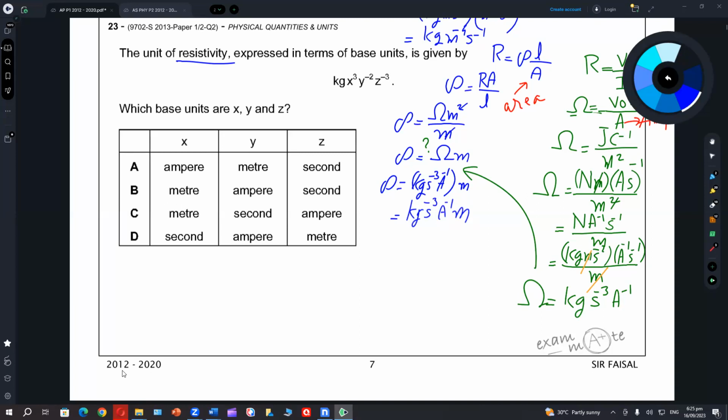We have to check our answers again, working again, sorry, because kg is matching. S is matching with minus 3. I have made a mistake somewhere. Let me show you the mistake.